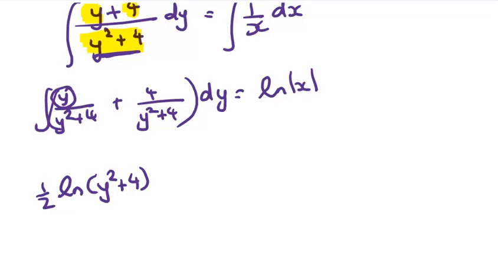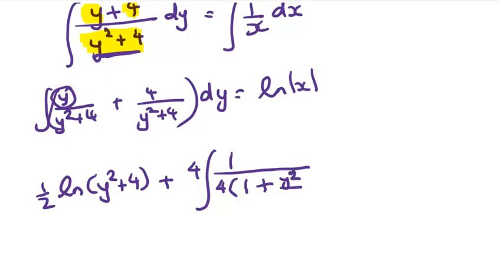Right, now the next bit I'll take a little bit more slowly, and if you can do this confidently without all these steps, then go for it. But it's pretty easy to make mistakes in here. So we're going to take out the 4, and I'll have 1 over 4 plus y squared. Now, I don't want to have 4 plus y squared. I'm going to force in my pattern of 1 plus something squared.